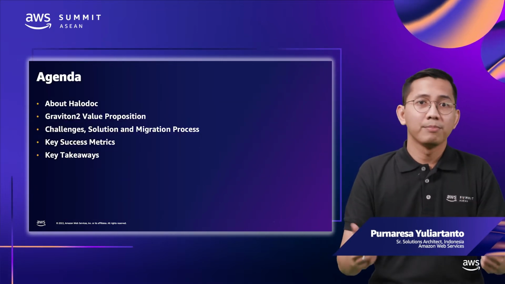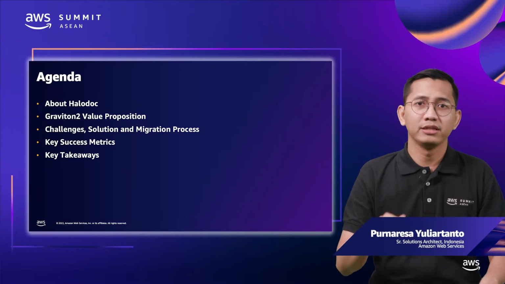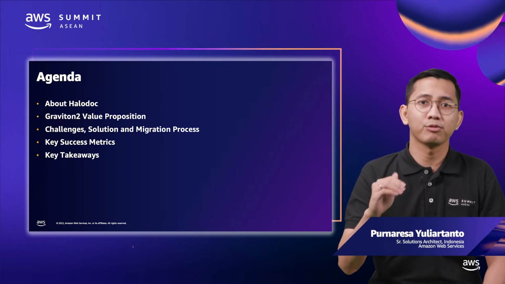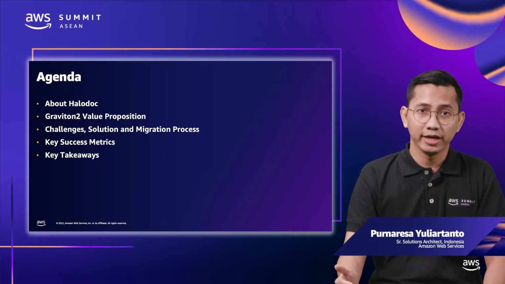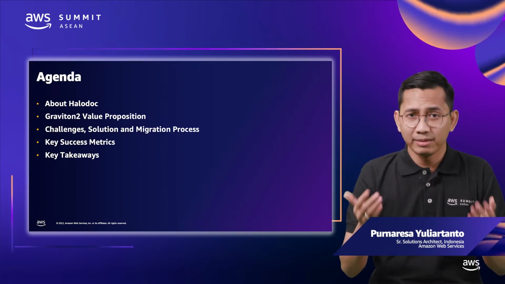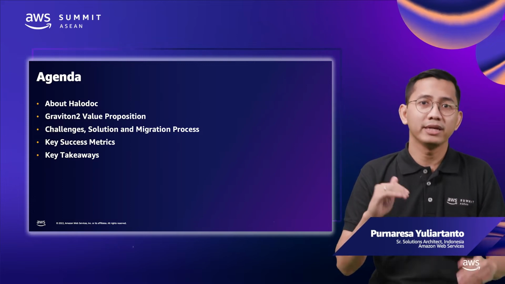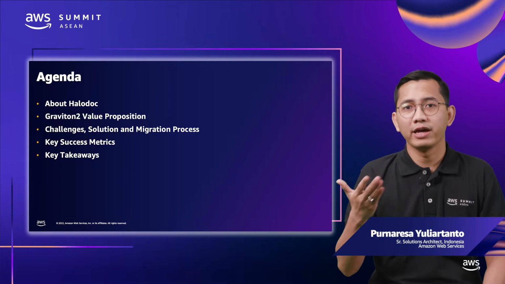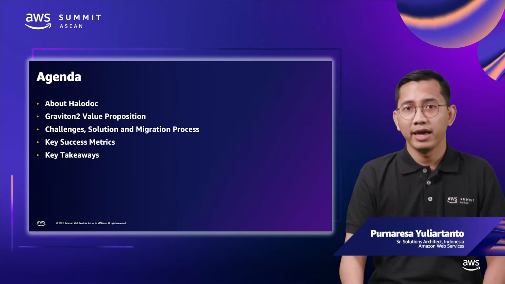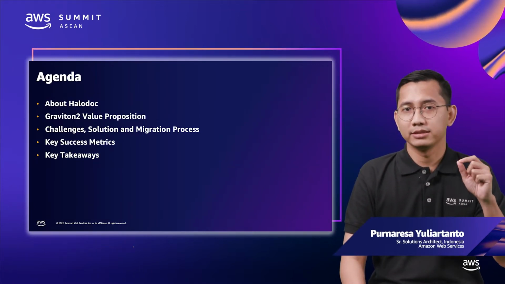We will learn more about Hellotalk and how they introduced Graviton2 into their production environment. Next, we will touch on their challenge, the solution, and the process they underwent to migrate the workload. We will also learn how they define what success looks like for them and pick up key learnings.